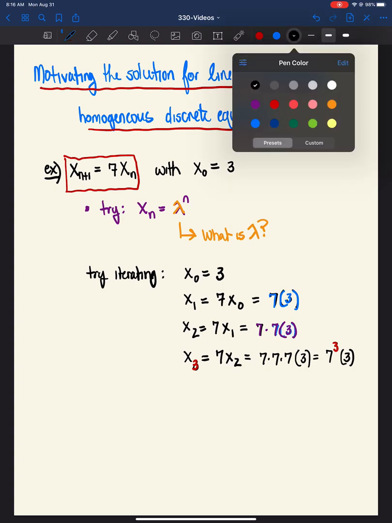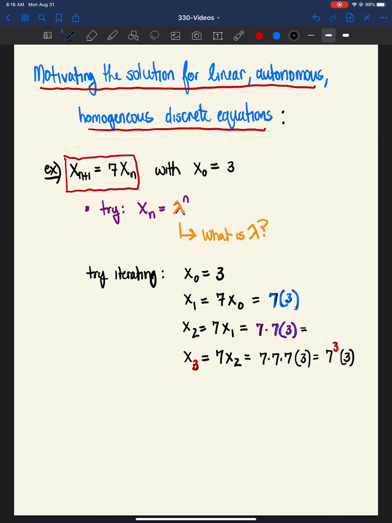Similarly, in the x2 case, we saw something happen like that. Now, we left this as 7 times 7 times 3, but we could equivalently write this as 7 squared, all times 3. And again, what we see happens is the second item in that list, or the n equals 2 item, is equal to 7 raised to that same power, 2, times the initial value.